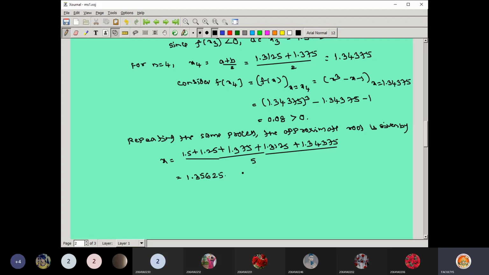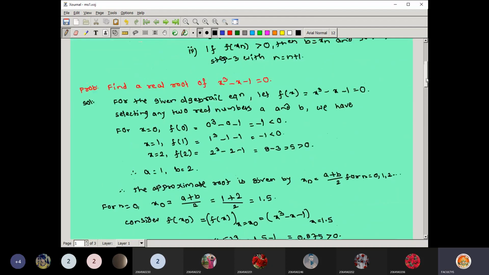So this is the final answer corresponding to the problem. There is no rule that everyone must get this answer, because some candidates may repeat more number of times. So whatever answer you get, that is going to give you the approximate root corresponding to the given equation. Have you got the clue here?